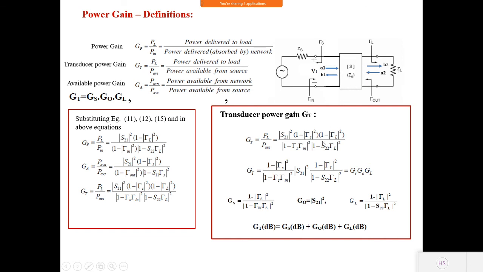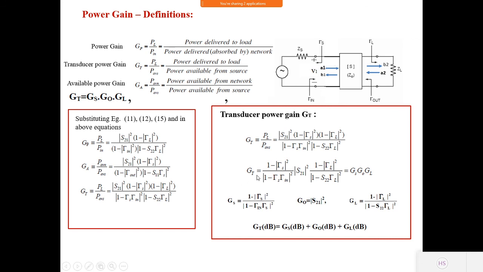Two-port network parameters mean S21, S22, and so on. So the overall gain of the amplifier depends on ZS, ZL, and these two-port network parameters. This center term is related to the two-port network parameter S21, this is ZS, and this is ZL, like GS, G0, and GL. So I have written it here.